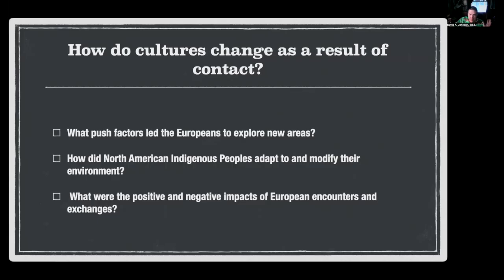There aren't a lot of great positive impacts of European encounters if you're an indigenous person. But there are some areas of opportunity here to talk about how things changed both in a negative and a positive way. So we do talk a little bit about that.